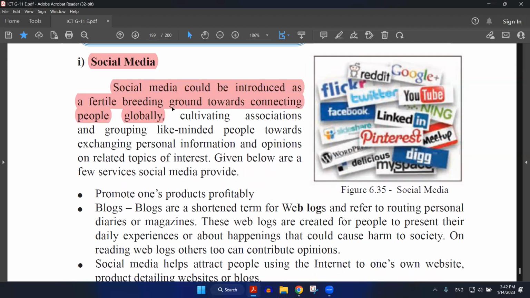Copy this as the explanation. And then you better say this as few services in social media, then you can list these things down.